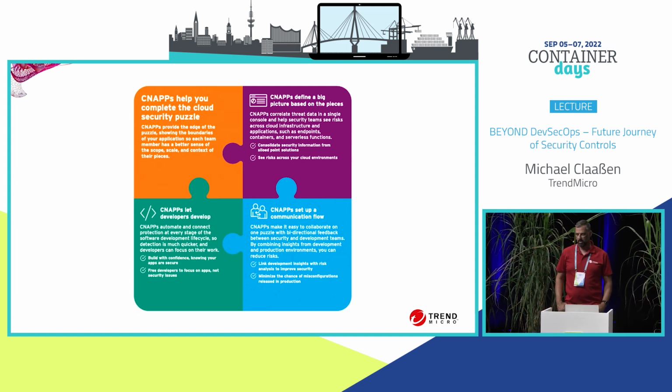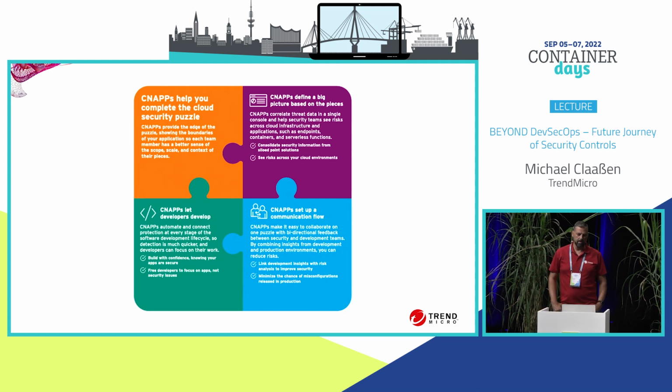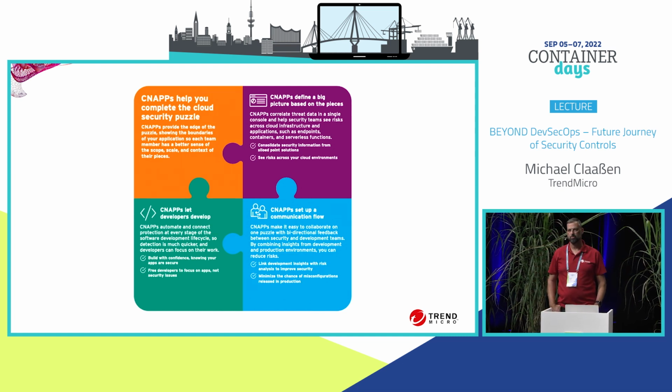The thing with a Cloud Native Application Protection Platform is that you need a highly automated and integrated platform that you can build up in every stage of your DevOps lifecycle, that you can do automated. So the developers in the end want one thing. They want to develop, and you don't want to hinder them.